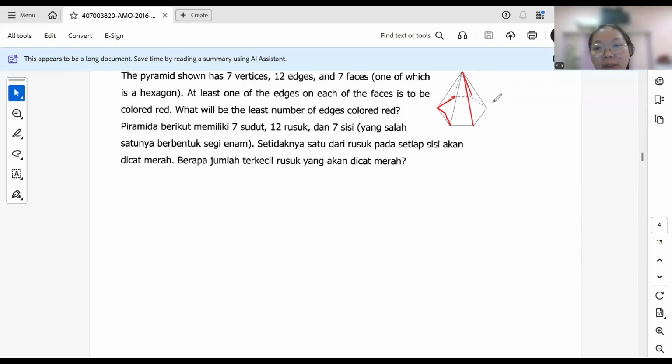So by this, all faces already have at least one edge painted red. Okay. So the answer is 4. 1, 2, 3, 4. The answer is 4.